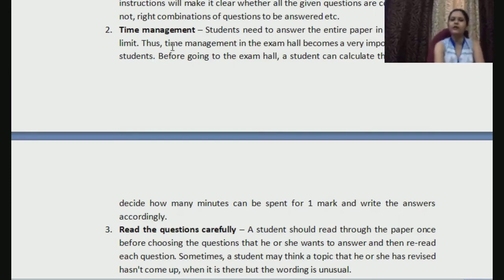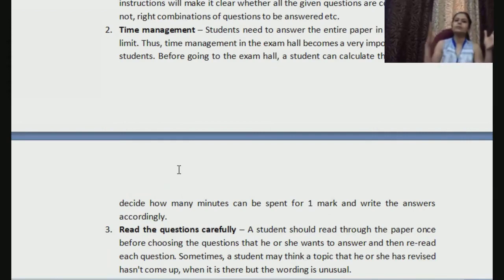How will you do that? Before going to the exam hall, we can calculate the timing because we already know we have 3 hours and the exam will be of 80 marks. What we can do is divide this 3 hours of time by 80, right? That gives how many minutes we can invest for 1 mark, and accordingly we can plan. How many minutes we can invest in writing one answer.